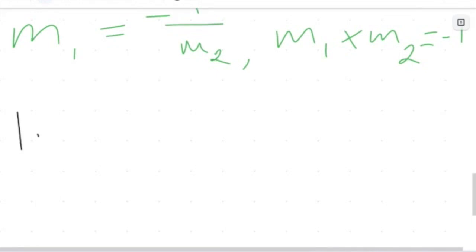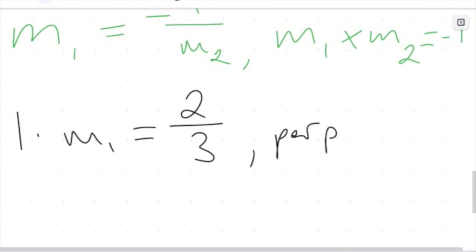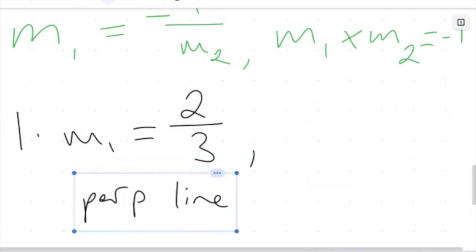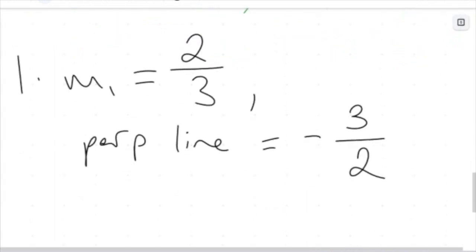So if we, for example, had that the gradient of one line is 2 on 3, the gradient of a perpendicular line is going to be equal to a negative in front and then flipping the fraction. So finding the reciprocal, the fraction flipped over. That gives me negative 3 over 2.